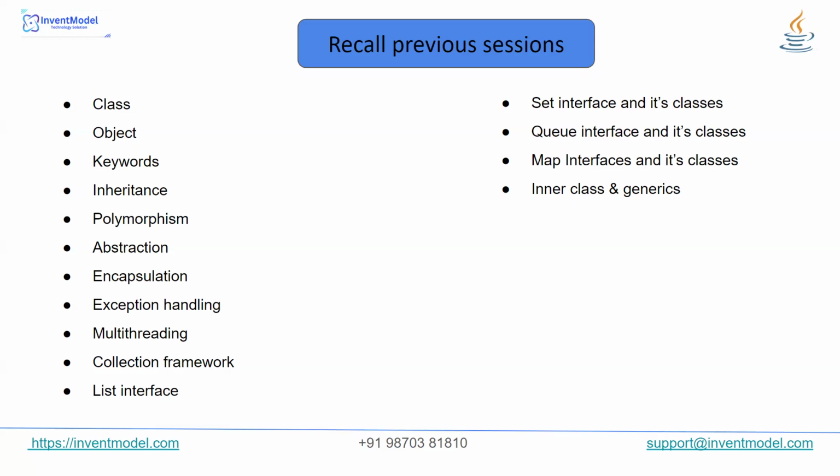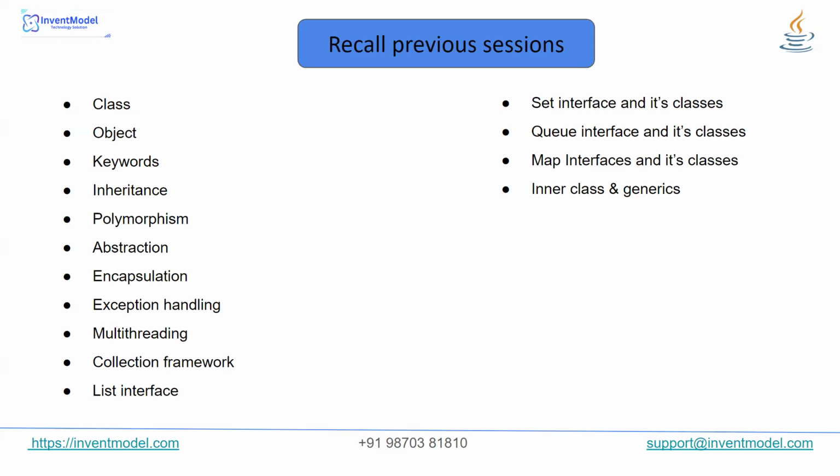Two types of inheritance are not supported in Java: multiple and hybrid. But we can implement them with the help of interfaces, though with classes we can't use these two types of inheritance.